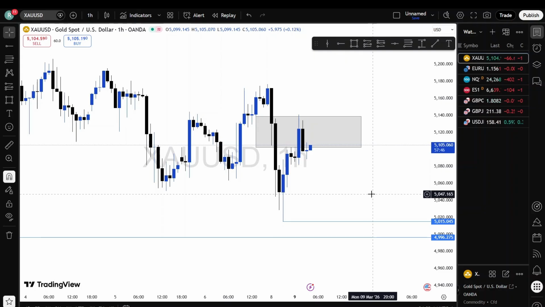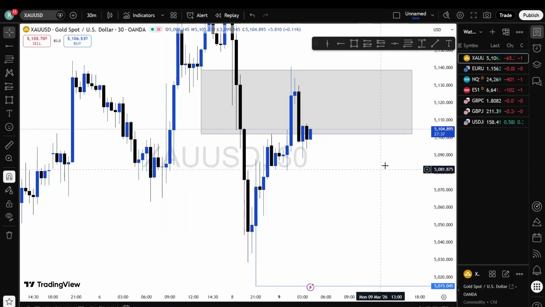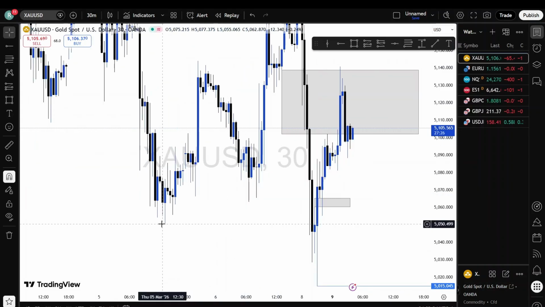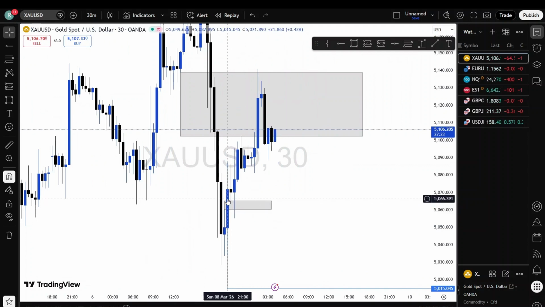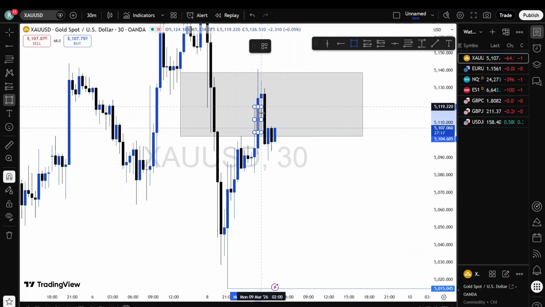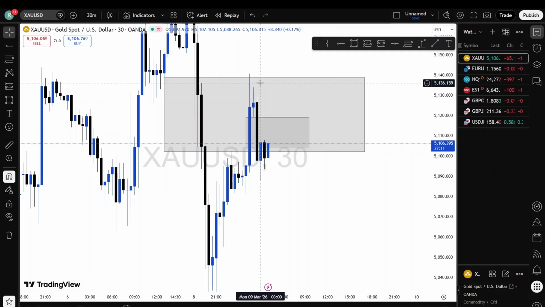But we need confirmations because on the 4 hour we can't instantly sell. So let's check lower time frames. Okay, 30 minutes. If you see, what's price doing? 30 minutes created this bullish FVG after sweeping this low. After that it created a new bullish FVG. And after that it came down and created this bearish FVG, right?